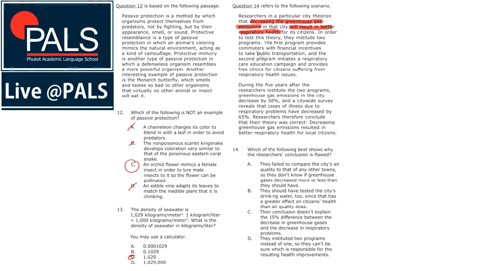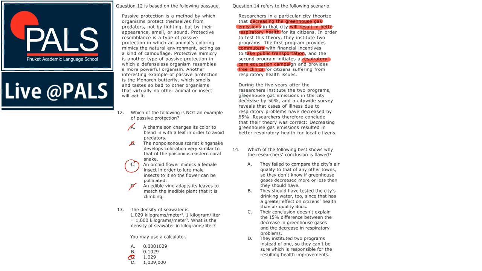The first program provides commuters with financial incentives to take public transport instead of their personal vehicle, I guess. The second program initiates a respiratory care education campaign and provides free clinics for citizens suffering from respiratory health issues.